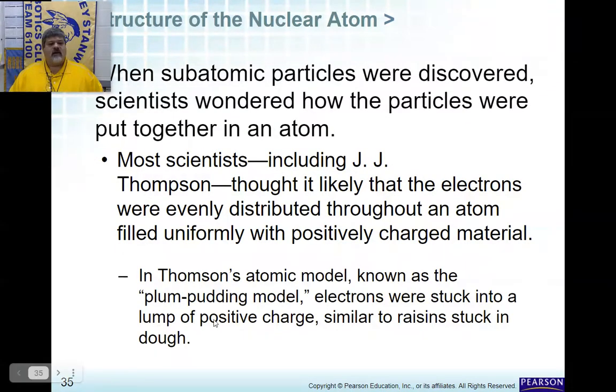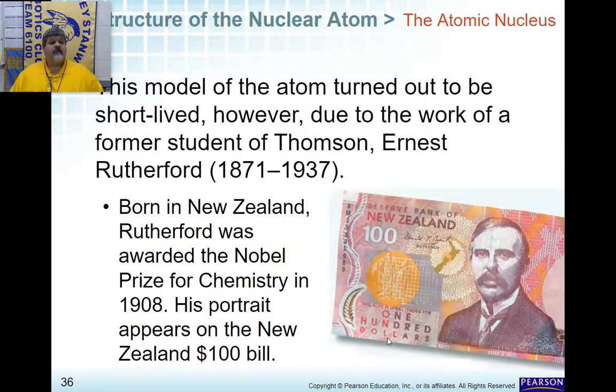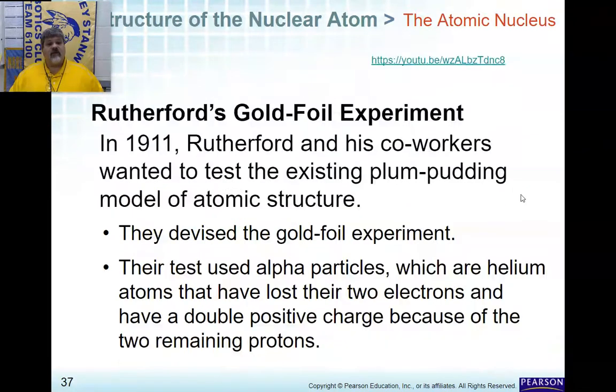Okay, now again, when he said it, it was like lumps of positive charge, like raisins stuck in a dough and bread. Okay, now it wasn't until Ernest Rutherford, who was born in New Zealand, came along. And what did he do? Now, Rutherford did what's called the gold foil experiment.